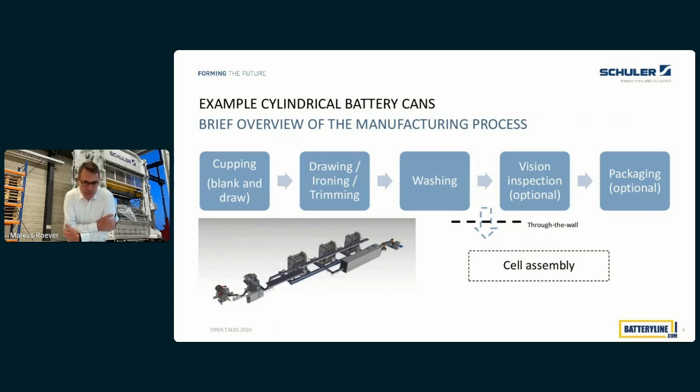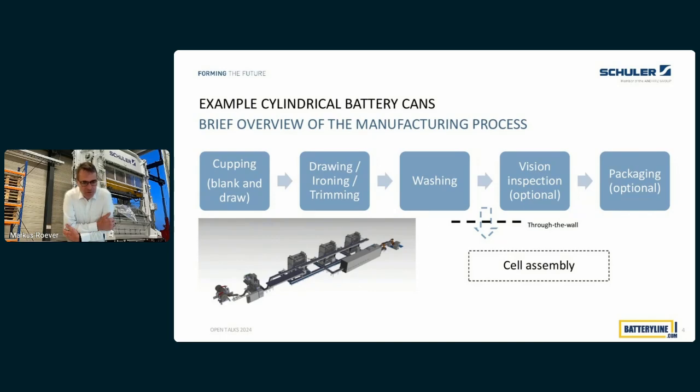And also lid production is for sure different, but in principle, there are forming stages. In the case of the cylindrical battery cans, you have at first incoming coil material, you have to produce a cup, you do a blank and draw. Then you have certain drawing steps, ironing steps, and a trimming operation.